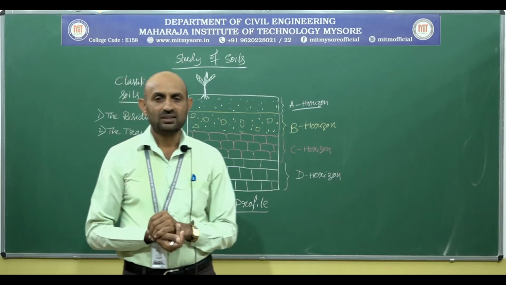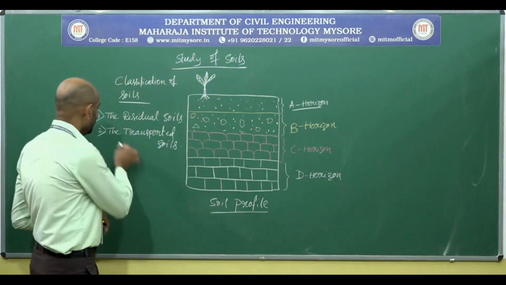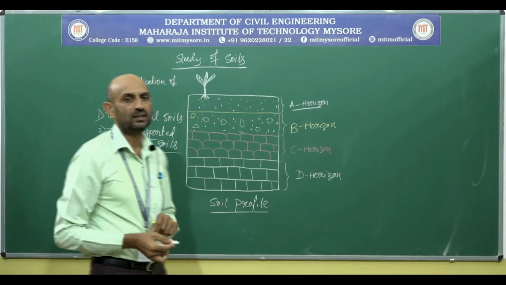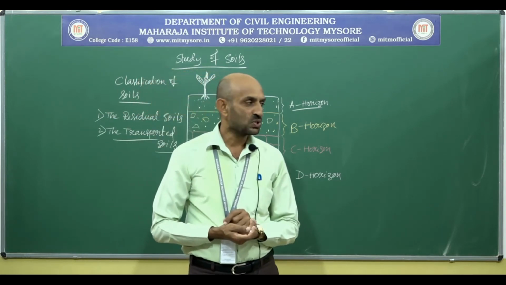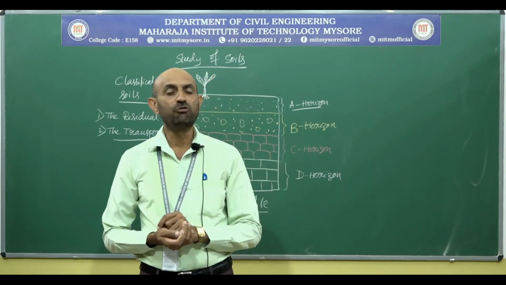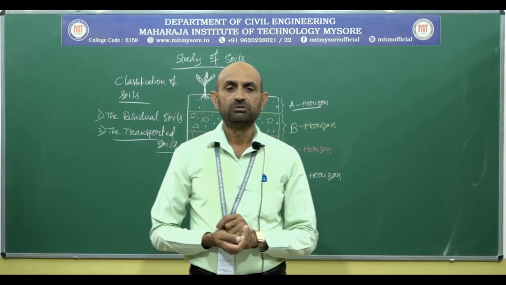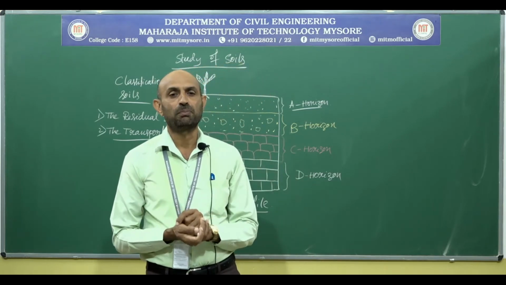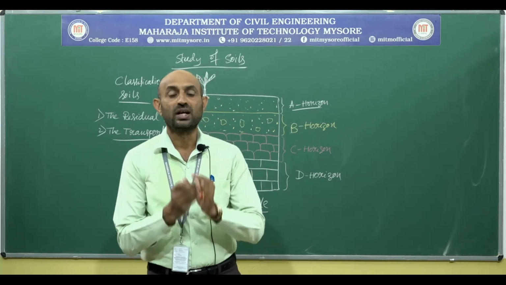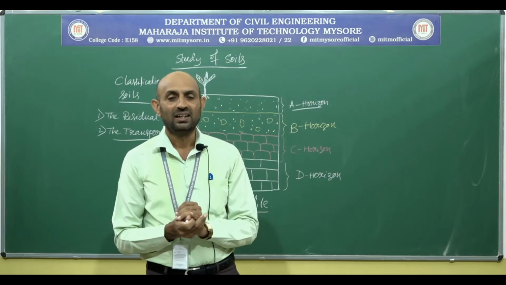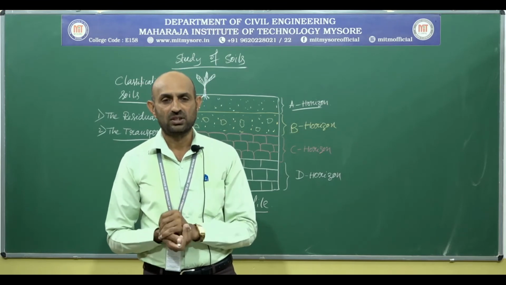The next one is transported soils. What are transported soils? Those soils which have been formed at some place but are found at a different place. Why? When the soil is subjected to transporting agents like wind action, glacier action, river action.